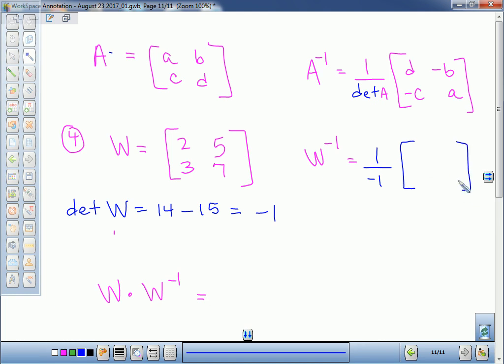And then what I do is I switch this major diagonal, switch those 2 elements, and then I change the signs of the others. Now, this simplifies to negative 1, and negative 1 through here will just create the opposite of all my signs.